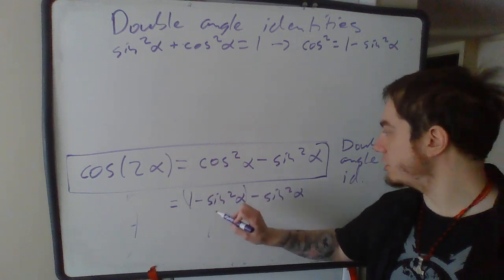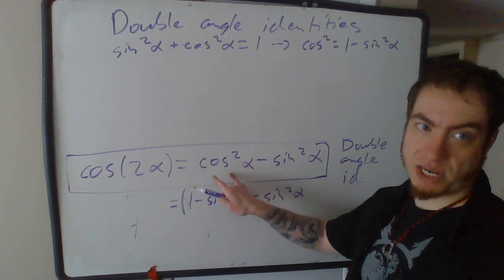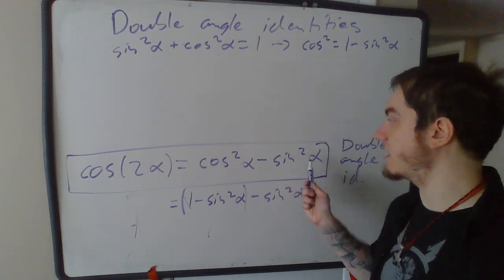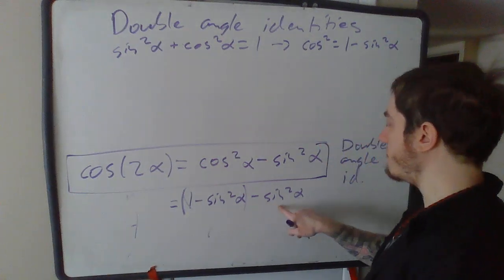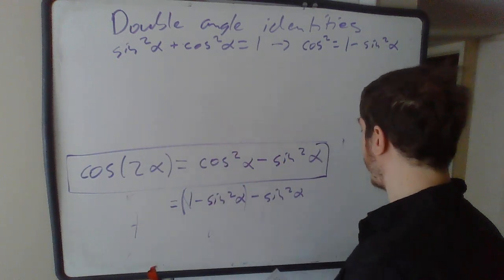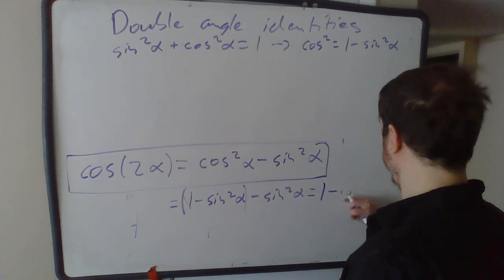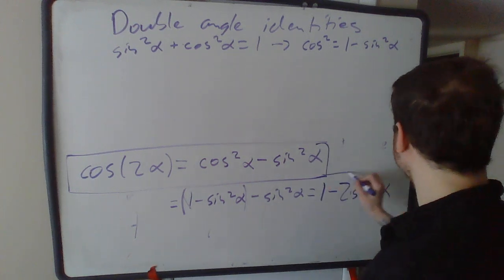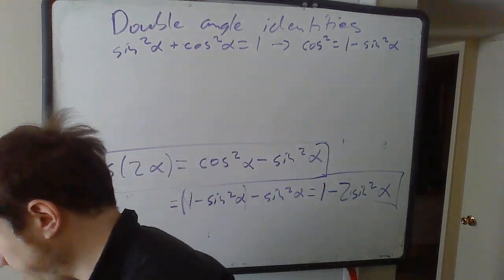The first part comes from the cosine squared, and this minus sine squared comes from the minus sine squared in the original expression. But minus sine squared minus another sine squared is really just minus 2 sine squared. And so this can also be thought of as 1 minus 2 sine squared alpha. So this is another way of thinking about the double angle formula for the cosine.